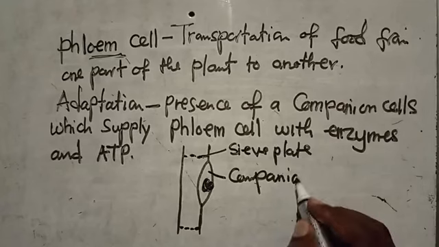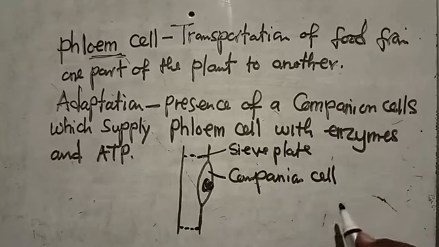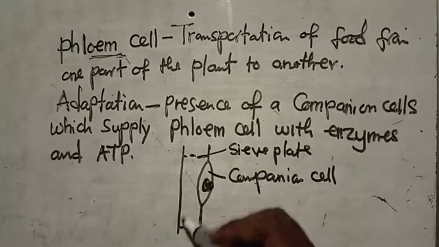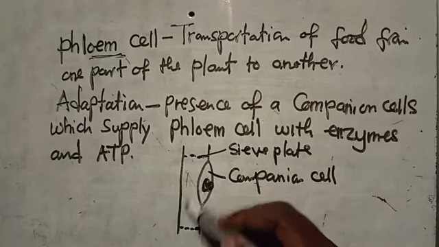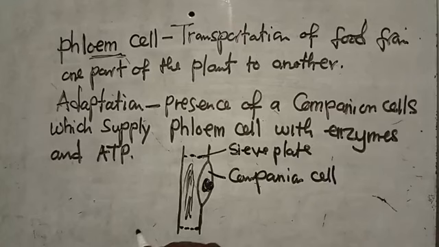Then we also have these things that are here, like that. Have you seen? These are called sieve tubes. This is what we are supposed to know.